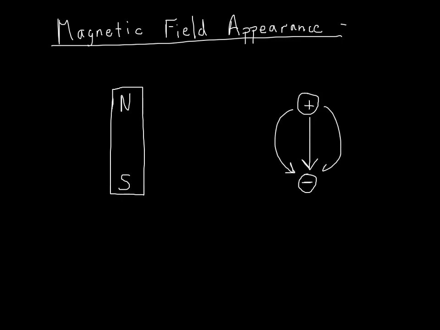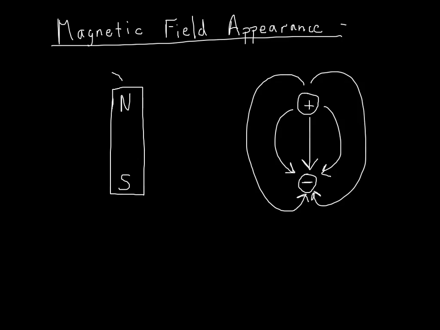So we can draw this electric field pretty easily. It goes away from the positive and always towards the negative. And since electric things are very similar to magnetic things, the same kind of field lines apply in drawing the magnetic field lines that we see from a magnet.